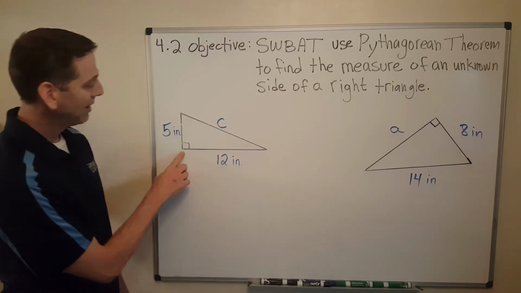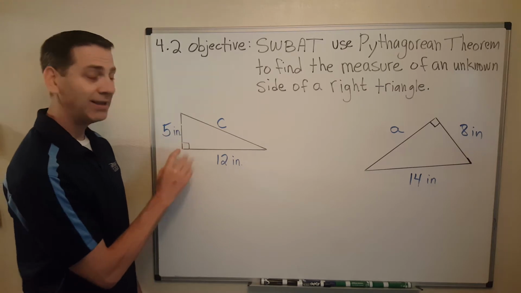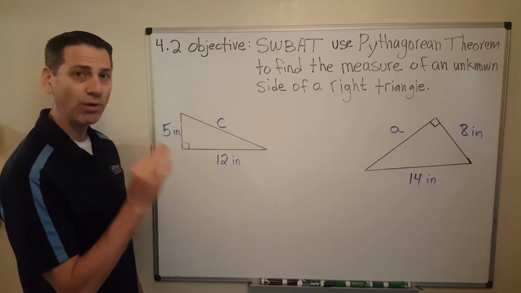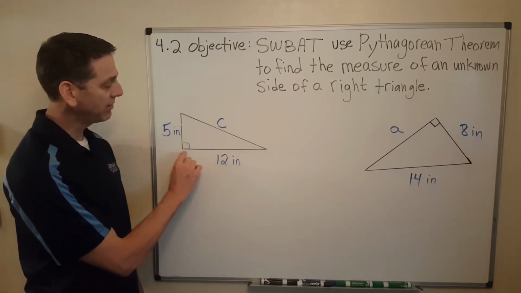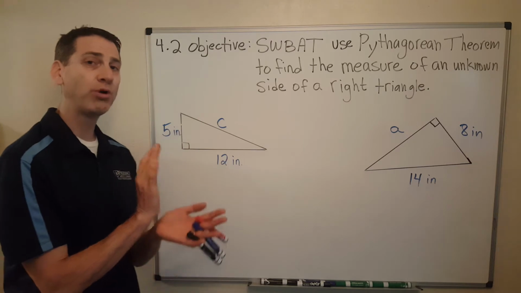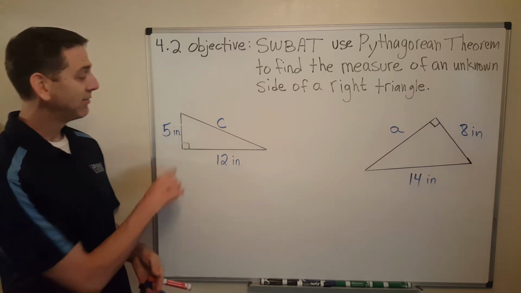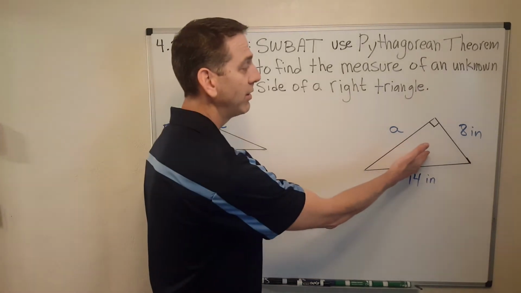Right, so this angle right here, this little box here is the symbol in math that we use to designate that this is a right angle. It's a perpendicular angle. You see how this line and this line are perpendicular to each other? They're at 90 degrees. So we have a right triangle here, and we have a right triangle here as well.